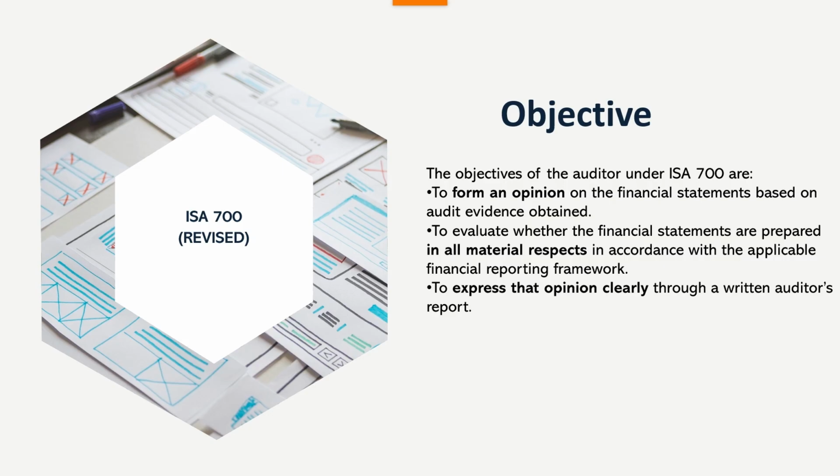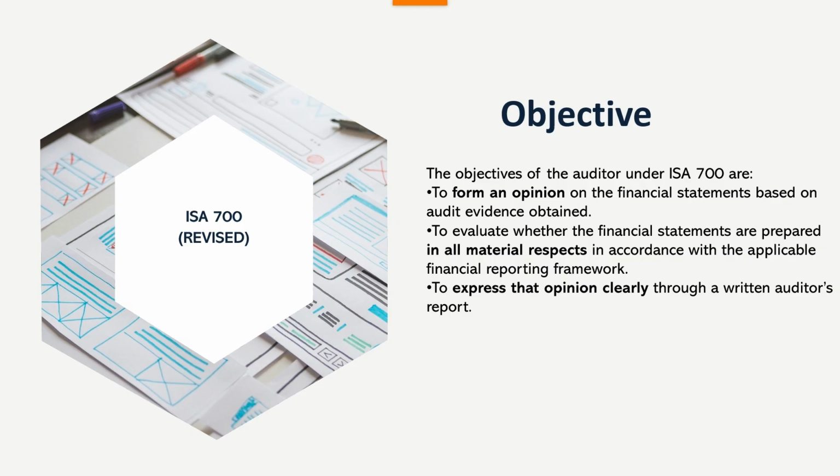What are the main objectives of ISA 700? The objectives of the auditor under ISA 700 are clear. First, the auditor must form an opinion on the financial statements based on the audit evidence obtained.